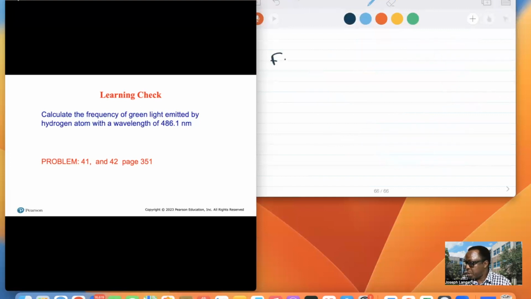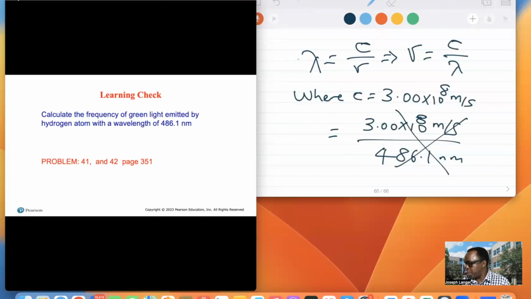First, convert wavelength from nanometers to meters because of the speed of light. Look at this, because of the speed of light.